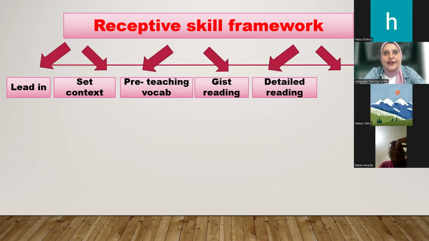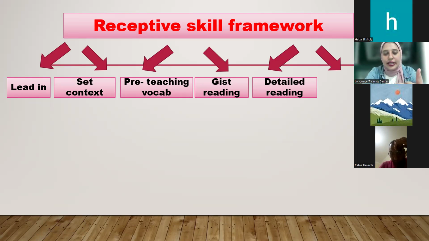Reading for specific or scanning are the types of questions that require a specific answer, one correct answer, which is usually short. But detailed reading is the type of questions which require long answers or opinion questions.